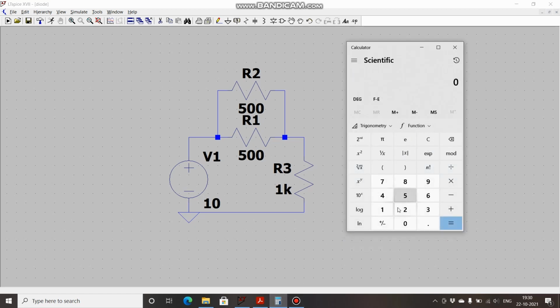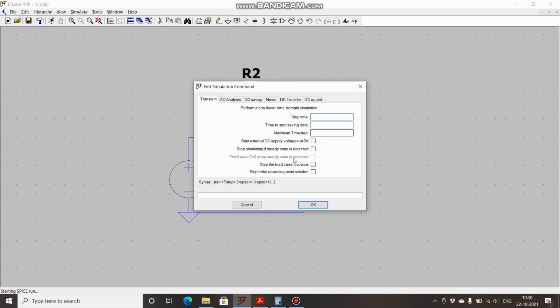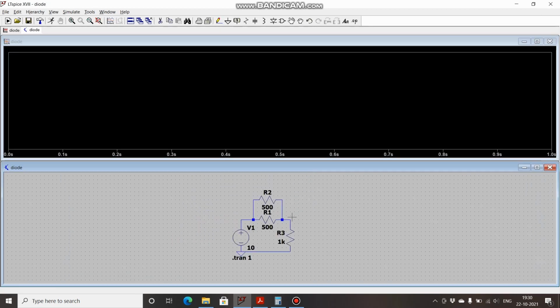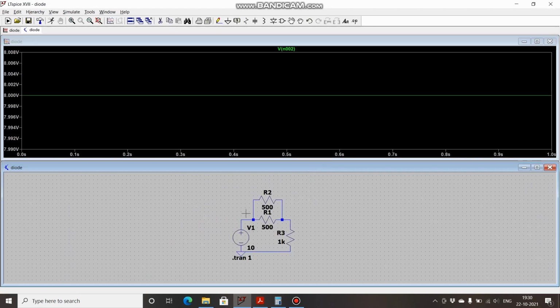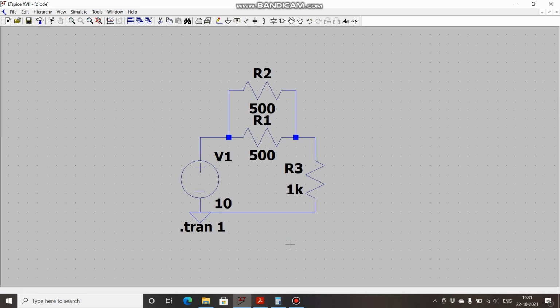Let's see that. 1000 into 10, that is 10,000, divided by 1250, 8 volts. Let's see by running it. 8 volts. So you can see how handy and useful this technique is to analyze and design our circuits.